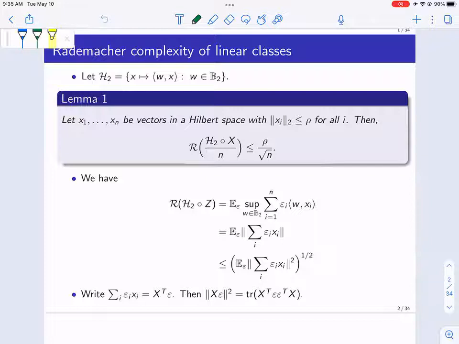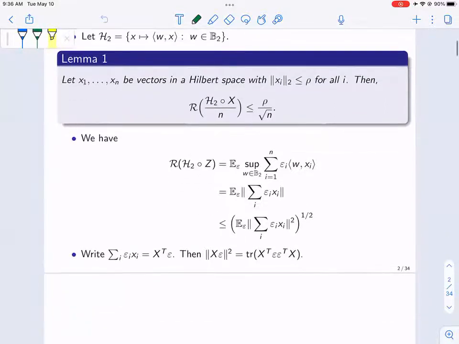And the point was that if the x's are, let's say, in a high dimensional space or an infinite dimensional space, so Hilbert space is like an infinite dimensional Euclidean space, and the norm of the examples is bounded, then the Rademacher complexity of the class goes down like 1 over root n times this bound on the norm, rather than in terms of the dimension.